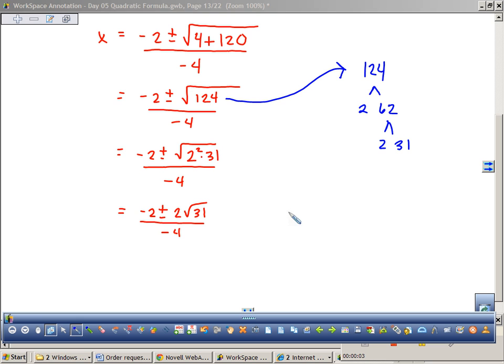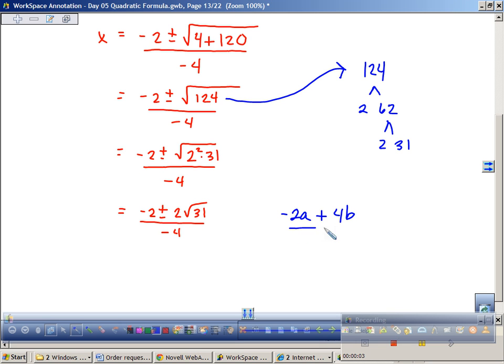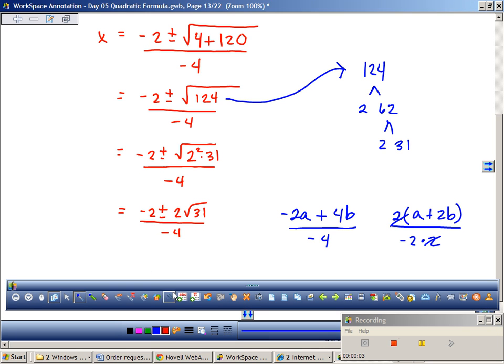It would be like saying if I had negative 2a plus 4b all over negative 4. Wouldn't I take a 2 from everybody? So it would be like saying 2 times a plus 2b all over negative 2 times 2, and I would cancel the 2's, right? We're going to do the same thing over here with this.